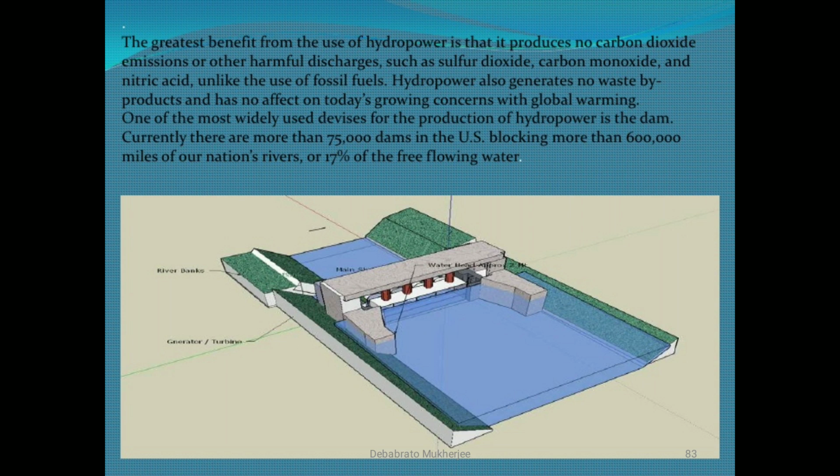One of the most widely used structures in the production of hydropower is the dam. Currently, there are more than 75,000 dams in the US, blocking more than 6 lakh miles of the nation's rivers, or 17% of the free flowing water. That is the case in the US.